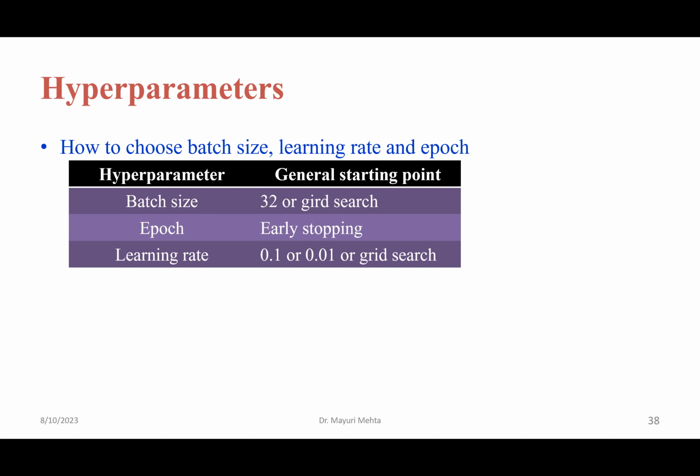High learning rate is not good, and too low is also not good, because too low increases the number of epochs and thereby the training time. So the right value of learning rate is required, but it can be set through trial and error only. There are no standard values for any of these hyperparameters.